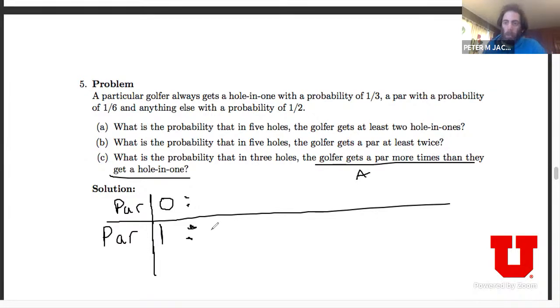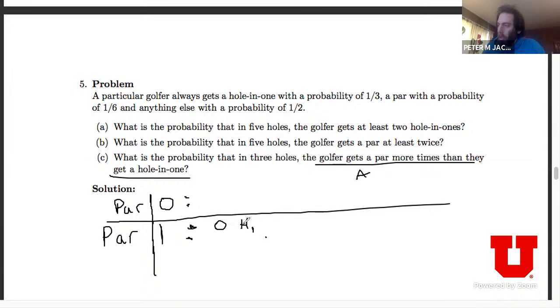So we have to compute the probability of that event. So they could get 0 holes in 1. Okay, so we need to compute the probability that they got 1 par and no holes in 1.